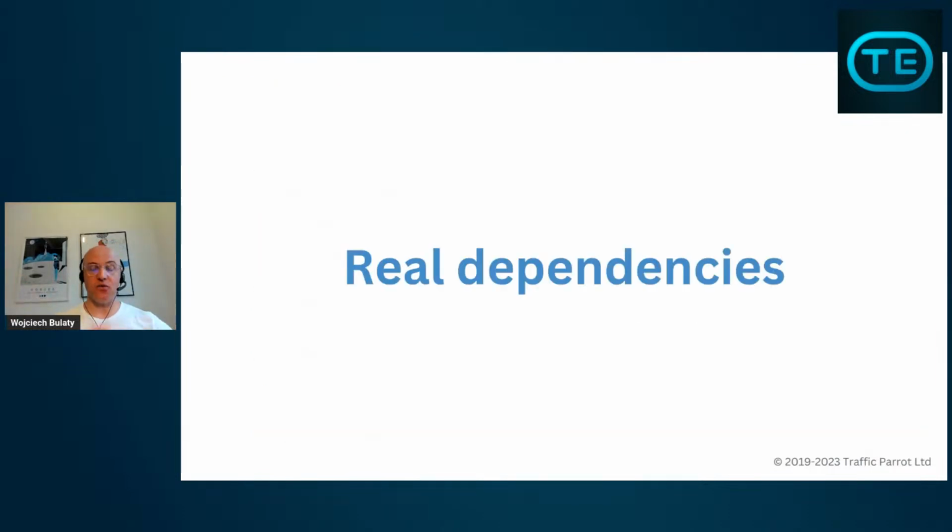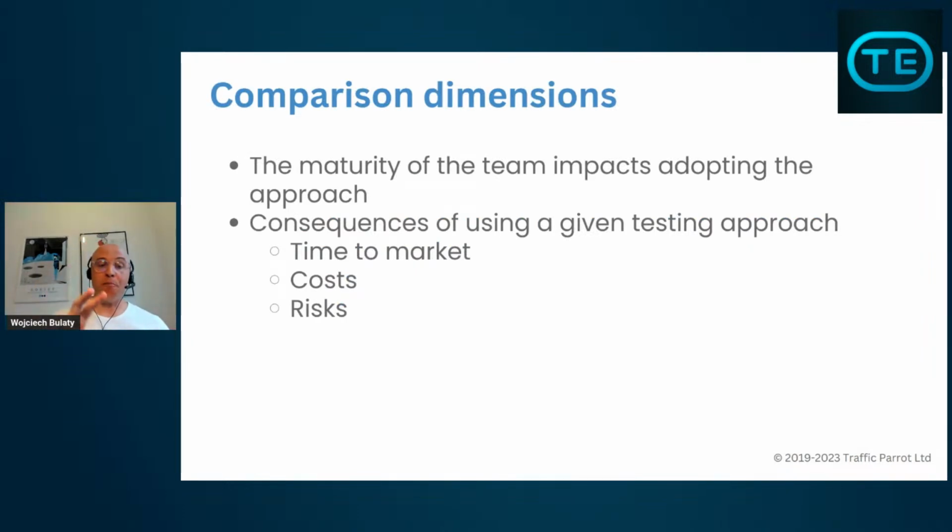So let's start off by discussing real dependencies and using real dependencies in your tests of your microservices. We'll be comparing all of these 12 techniques on these dimensions. So first of all, what we look at is the impact of the maturity of your team on adopting a given approach. For example, let's say you're a new team with junior developers and a couple of mid-level developers with 1 or 2 years of experience.